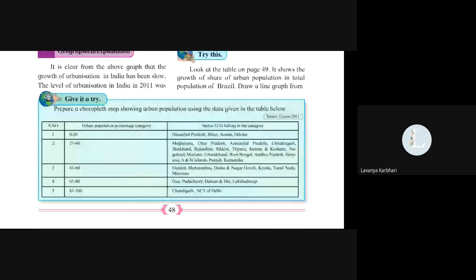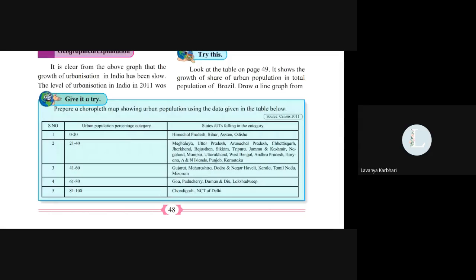Prepare a choropleth map showing urban population using the data given in the table below. You must know the choropleth map. Using that map you have to locate this data. The urban population percentage categories are 1 to 20, 21 to 40. In 1 to 20 are Himachal Pradesh, Bihar, Assam and Odisha, so you have to find out where they are and give a different color for them.